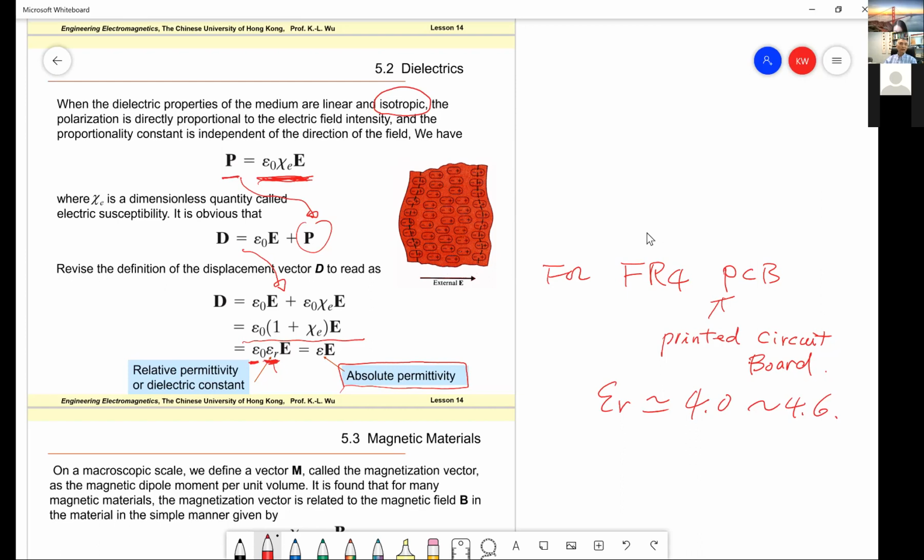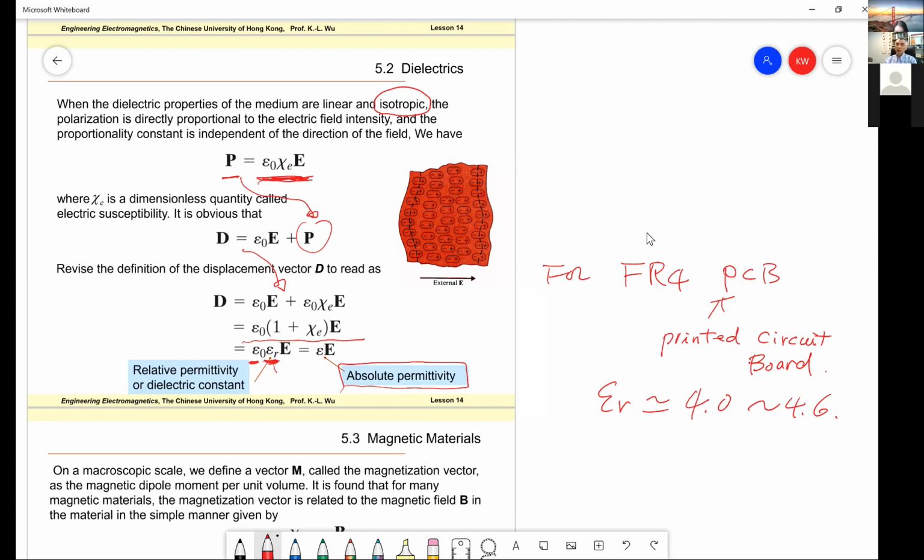It depends on the manufacturing and also on the frequency range you are working in. So we need to remember this, at least after taking this class. This is the interaction between the electric field and the dielectric material.